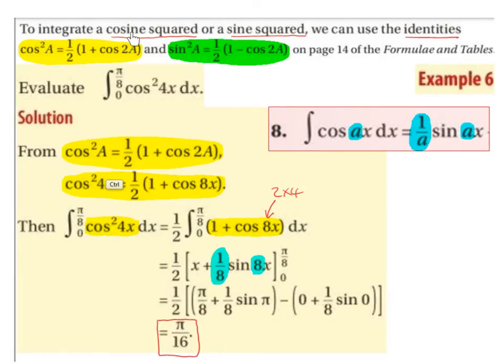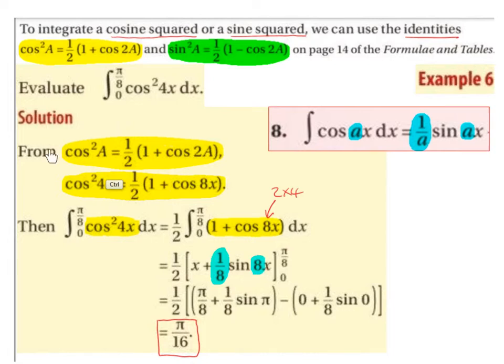To integrate a cosine squared or sine squared, we can use the identities. Cos squared a equals a half times 1 plus cos 2a, and sine squared a equals a half times 1 minus cos 2a. These are on page 14 of the formulae and tables. So let's evaluate the integral of cos squared 4x dx between the limits pi over 8 and 0.